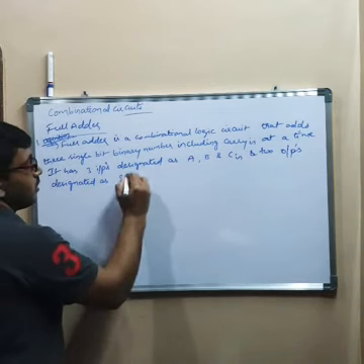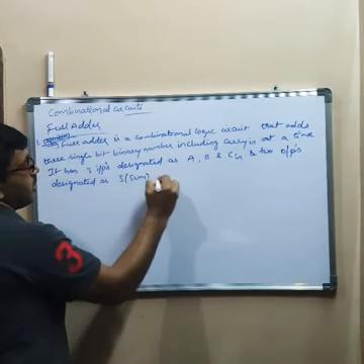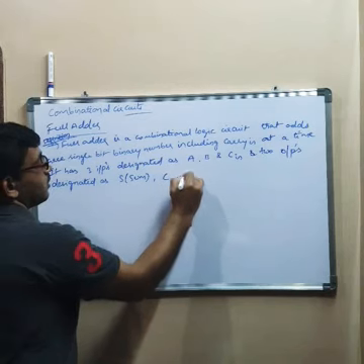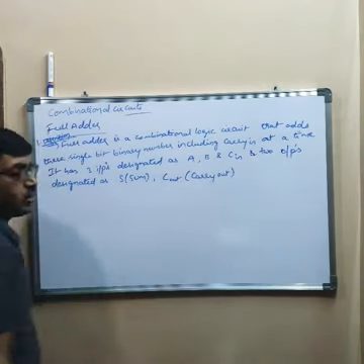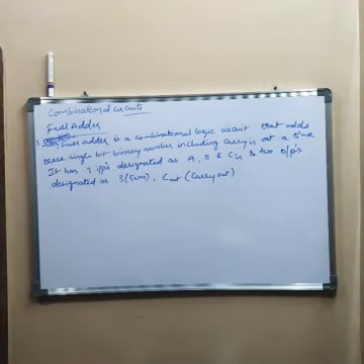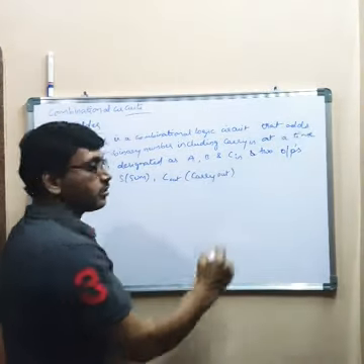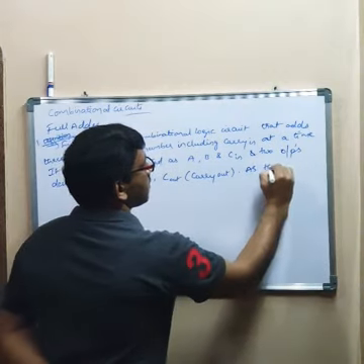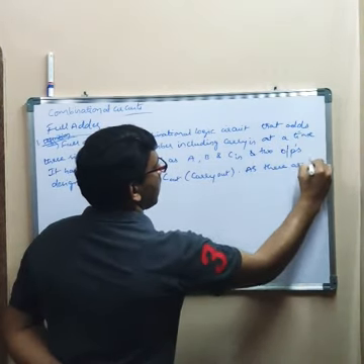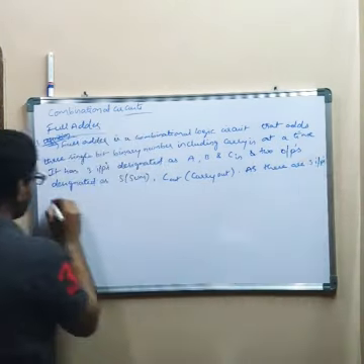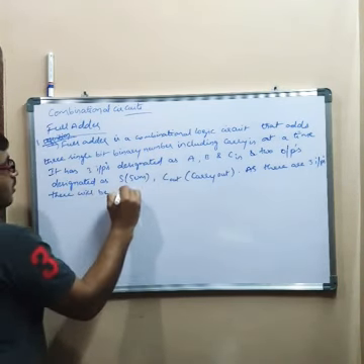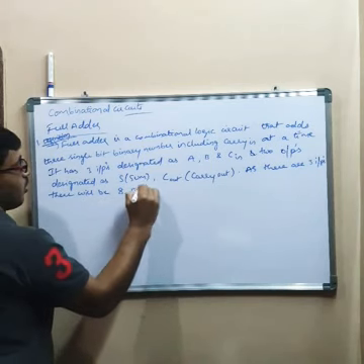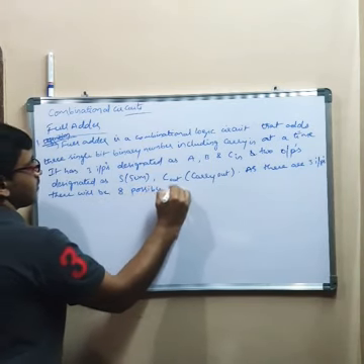So this is in full form sum, this is in full form carry out, right? As there are three inputs, there will be 8 possible combinations.